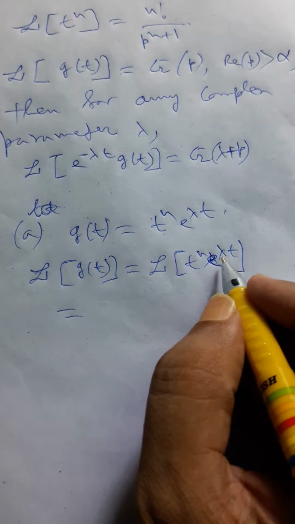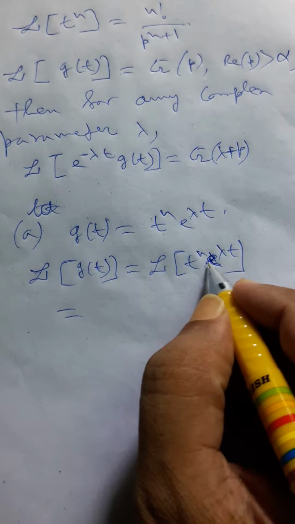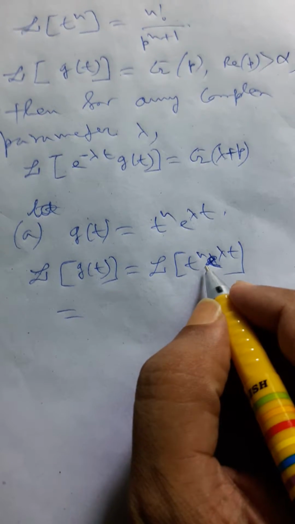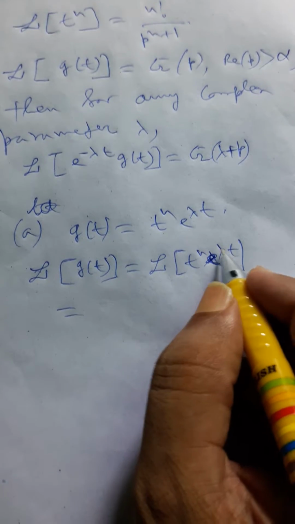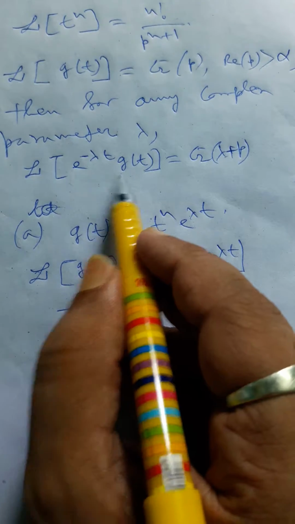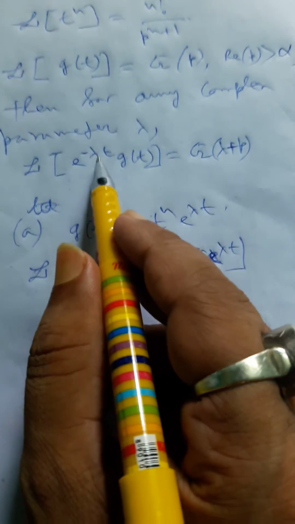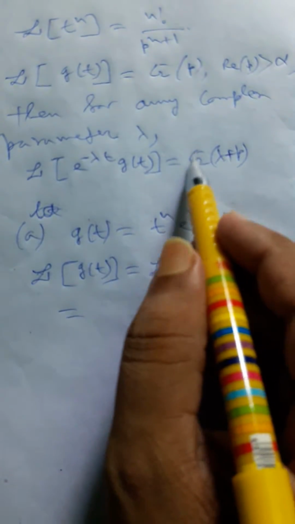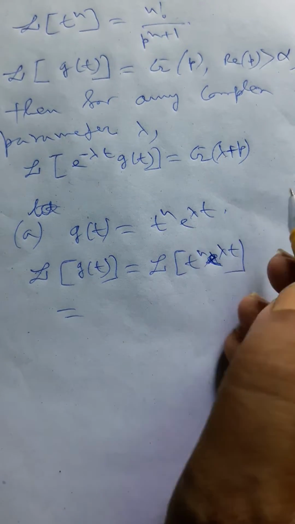But here we observe another extra term, e to the power lambda t, so we use the theorem: Laplace transform of e to the power minus lambda t g(t) equals G of lambda plus p.